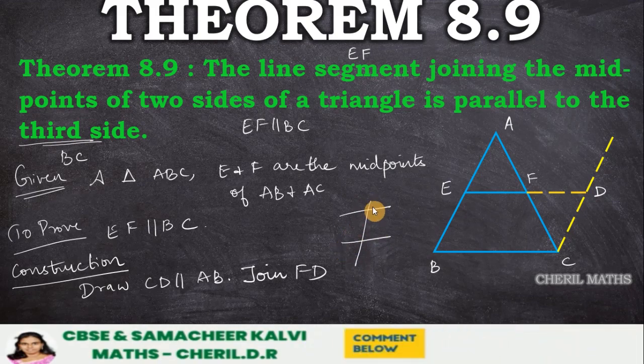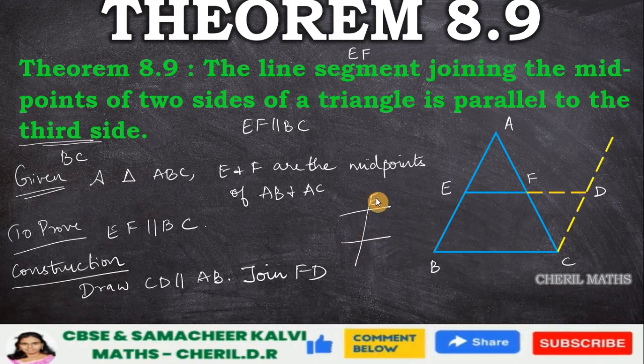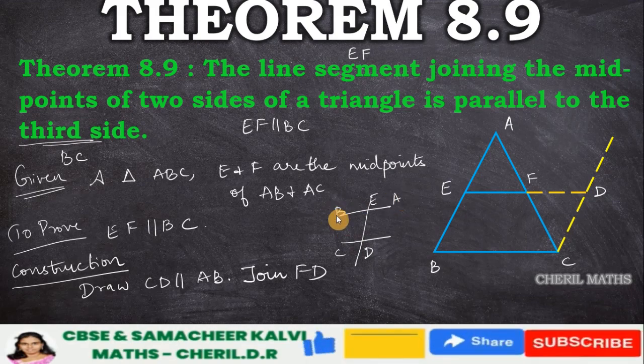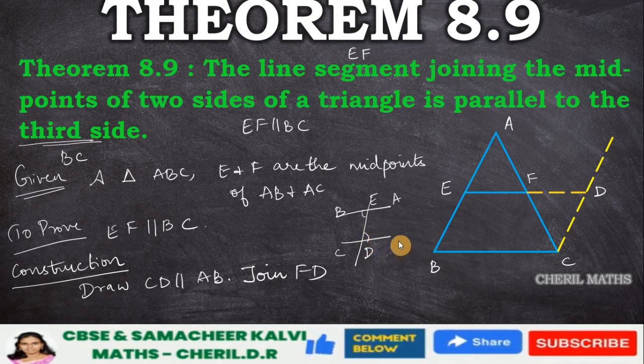ED is a transversal. So if this is CD, then this will be AB. In that case, we can say that these angles are going to be equal. This angle will be equal to this angle. So we will do it in detail by drawing it separately again.